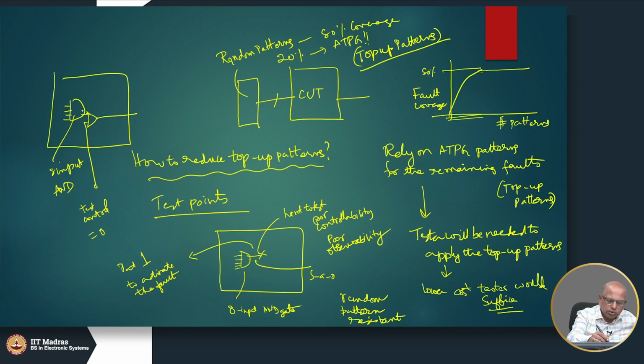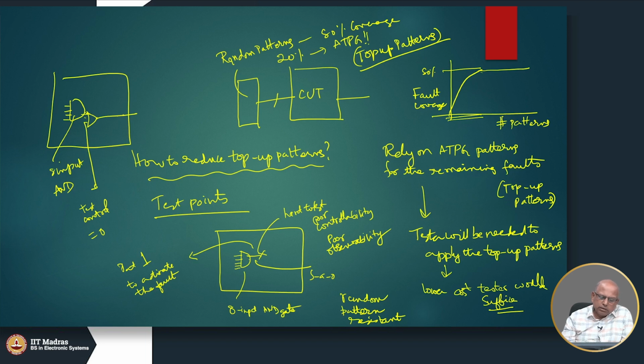The output of the AND gate is being ORed with 0, and as a result the output here has the same functionality as the output of the gate. So, there is no change between these 2 points, but in the test mode I can control this to 1, and as a result I can directly send a 1 here. So, that is a way of improving the 1 controllability. In the same way, 0 controllability can be improved by adding an AND gate.